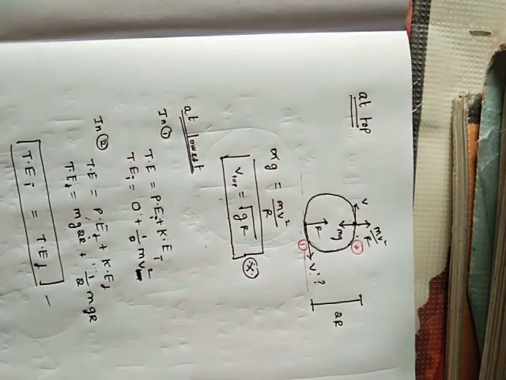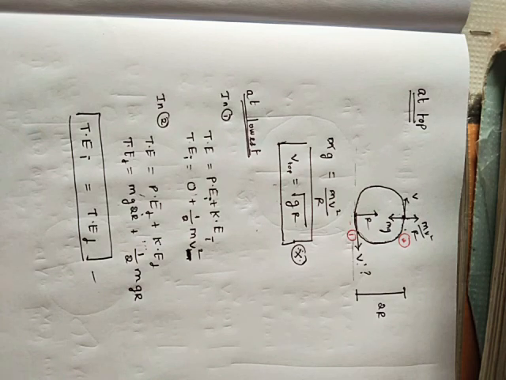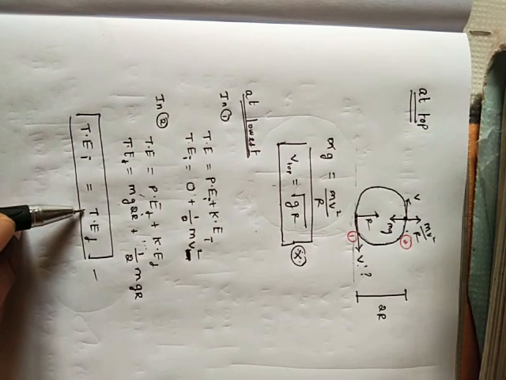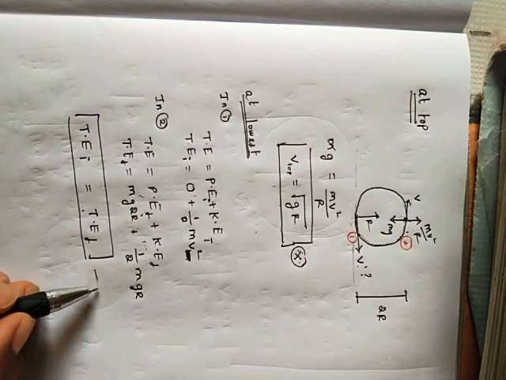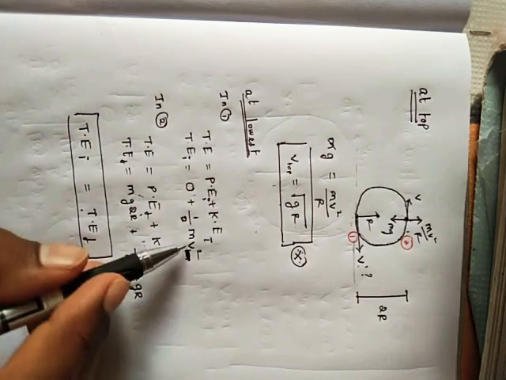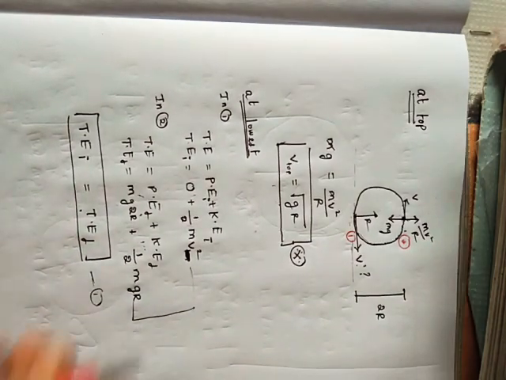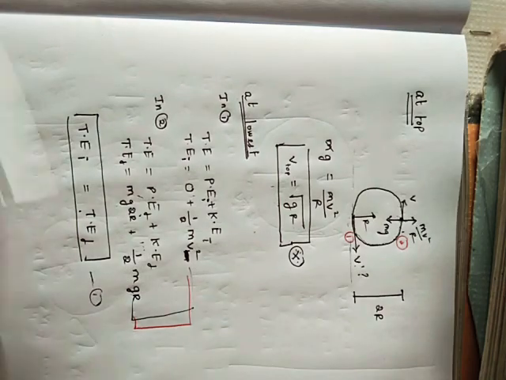This is the most important. Whenever you are solving a problem regarding the work energy theorem, this is the common method, the first formula you are going to use. So I'm going to equate these 2 equations to get the answer.